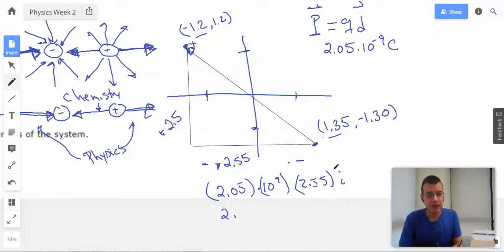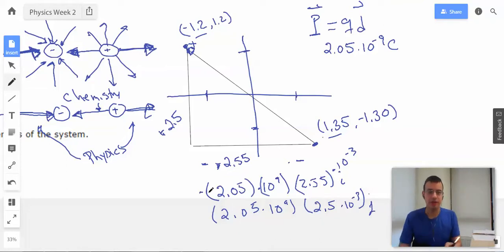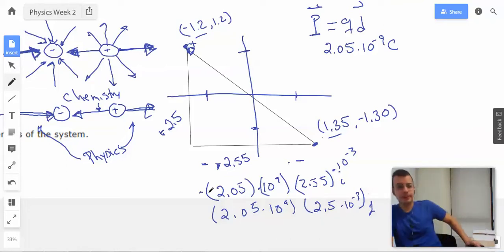Oh, and then it's millimeters, so 10 to the negative 3rd. So 2.05 times 10 to the 9th times 2.5 times 10 to the negative 3rd. And these will be J. And this guy will be negative. All right, that seems reasonable.